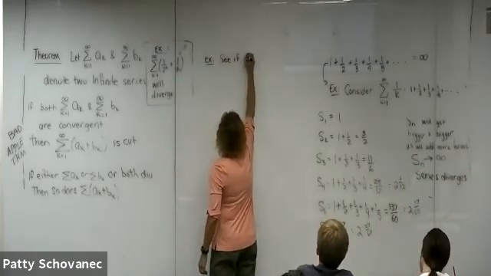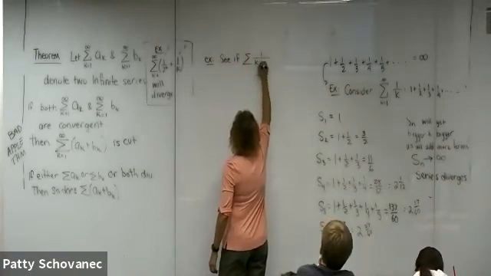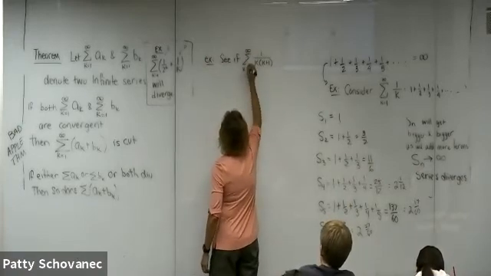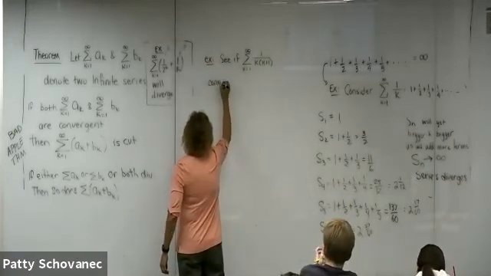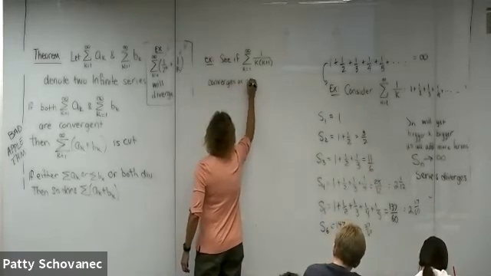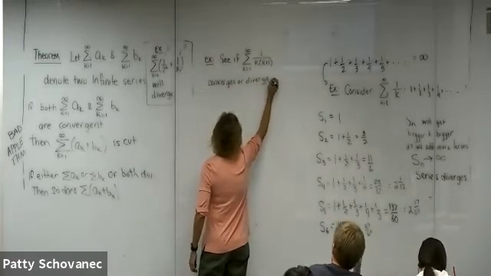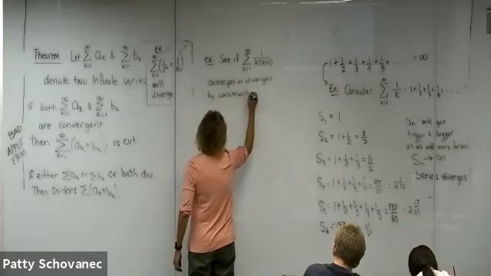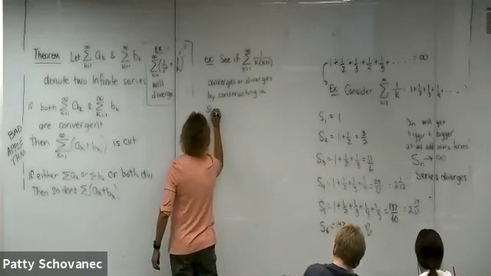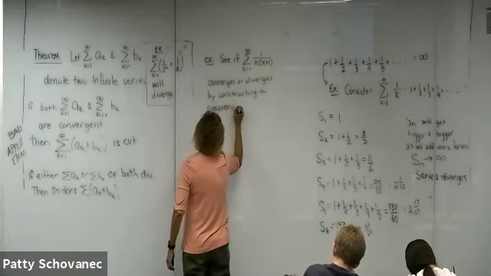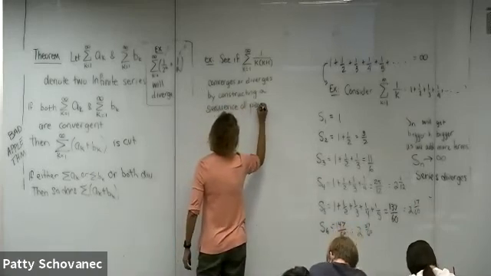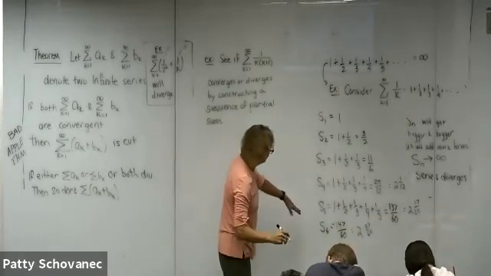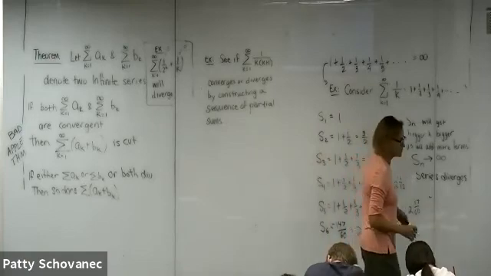See if the series 1 over k times k plus 1, k goes from 1 to infinity, converges or diverges by constructing a sequence of partial sums. See if you can come up with a general formula or convince me that the terms are all blowing up.